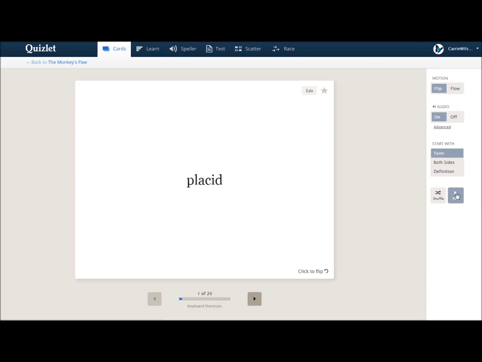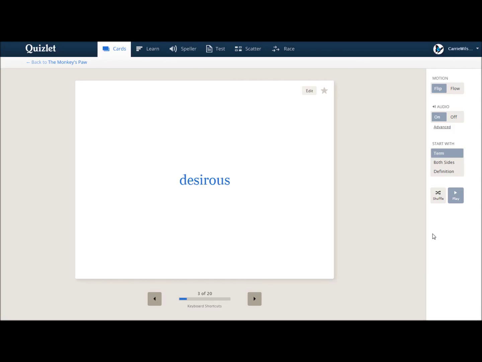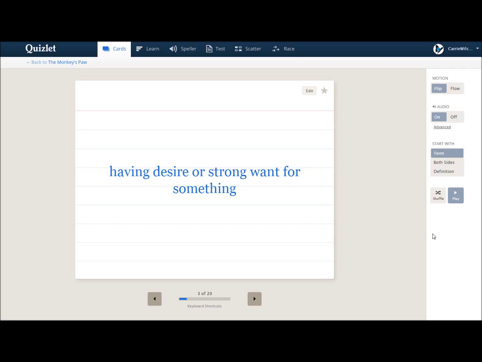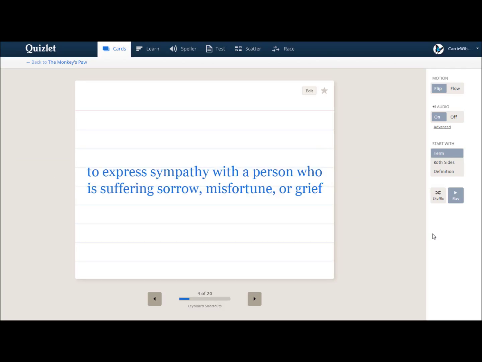Placid, pleasantly calm or peaceful. Amiable, having or showing pleasant, friendly personality. Desirous, having desire or strong want for something. Condoled, to express sympathy with a person who is suffering sorrow, misfortune, or grief.